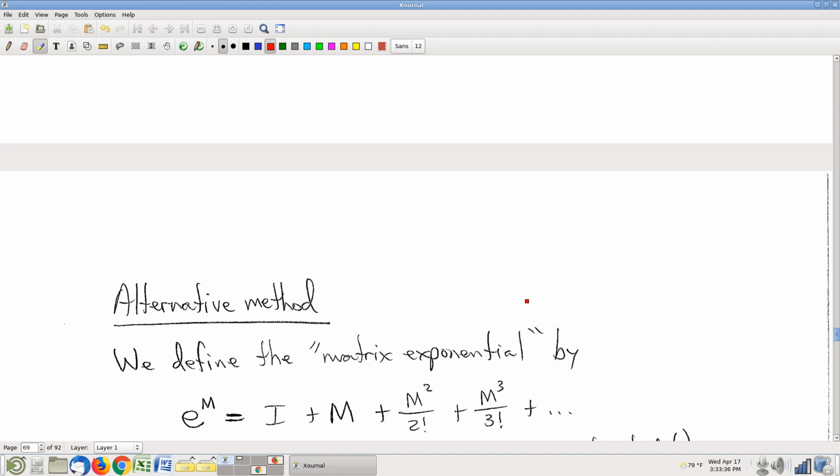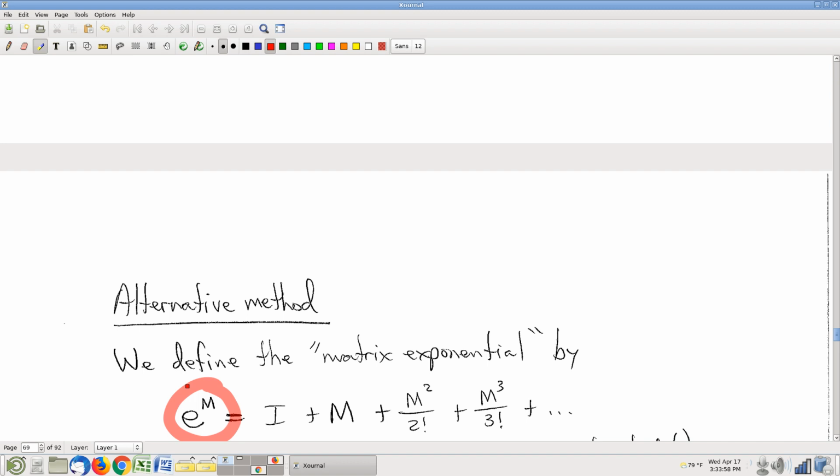And it's going to come by defining something random and weird. Seems almost inappropriate, but I'm going to define what it should mean, or what I'm going to choose it to mean, to raise e to the power of a matrix. Doesn't that seem really kind of wrong?